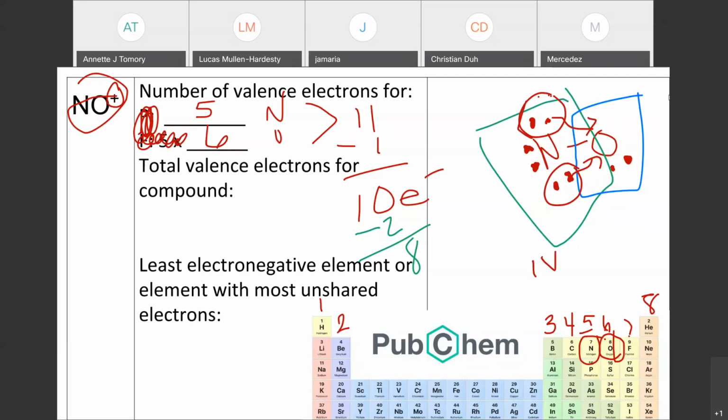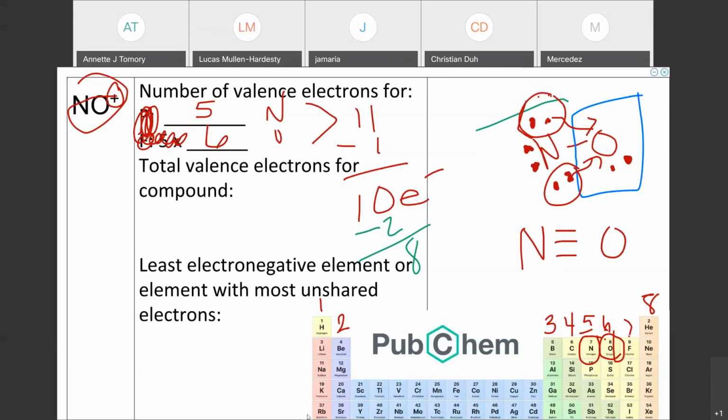So we have nitrogen, now triple bonded to oxygen. You see that? Who does not see that? Anyone? Or are we okay? Okay, yeah, we're okay.